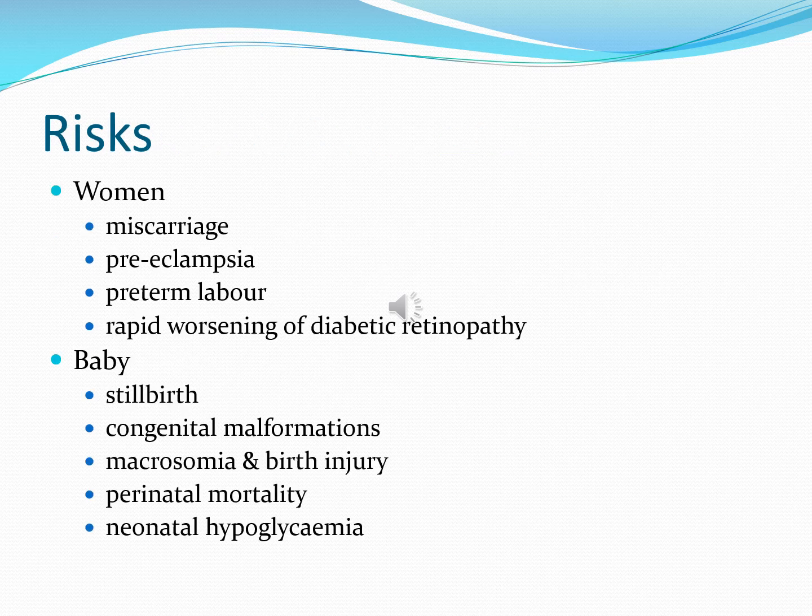So the risk for mum: miscarriage, preeclampsia, preterm labour and rapid worsening of diabetic retinopathy. Risk for baby: stillbirth, congenital malformations, macrosomia and birth injury, so that's large size, and perinatal mortality.